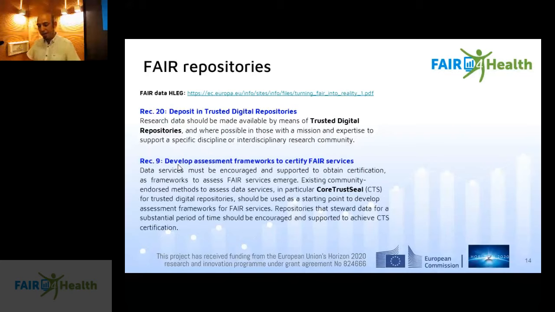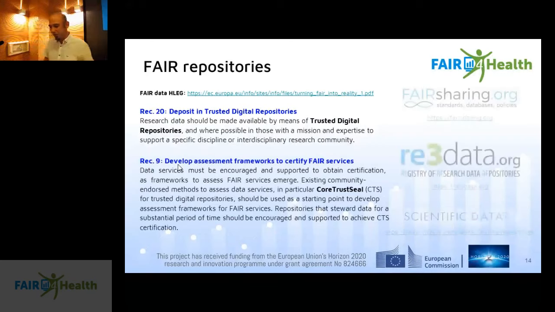There is an assessment framework endorsed by the CoreTrustSeal, which is very well known. In the end, what they recognize is that the repository will always be available and will have enough quality for the research community to use.